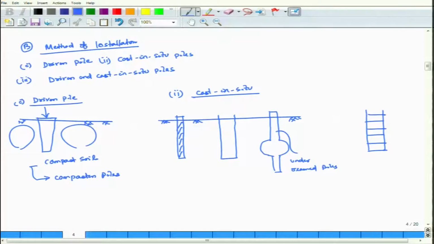Next is your driven and cast in situ. Driven and cast in situ, in this case what will happen?